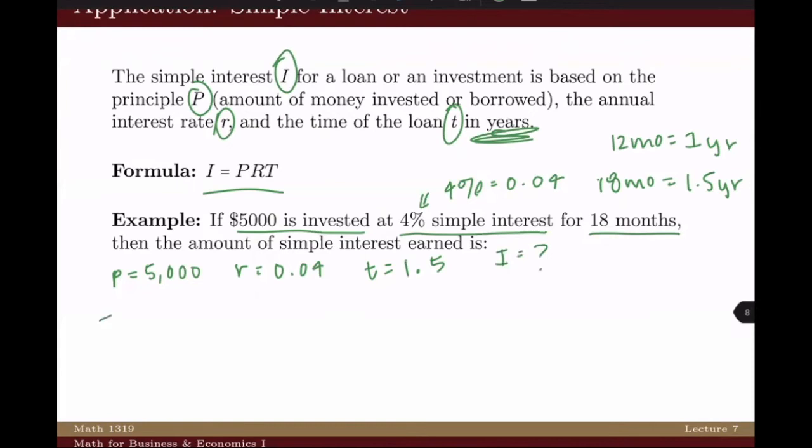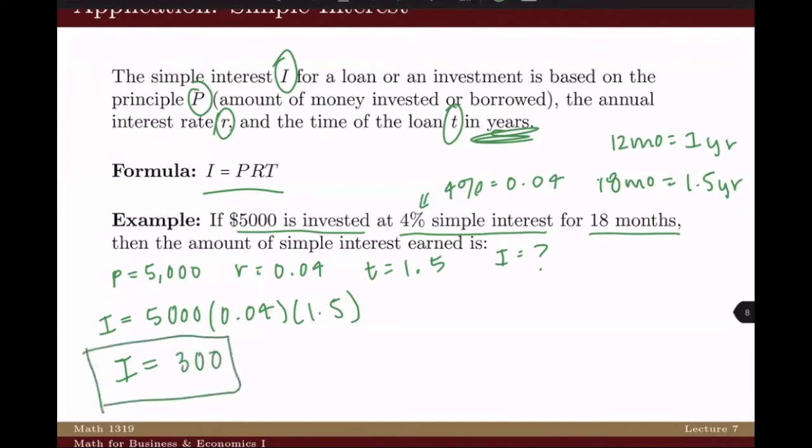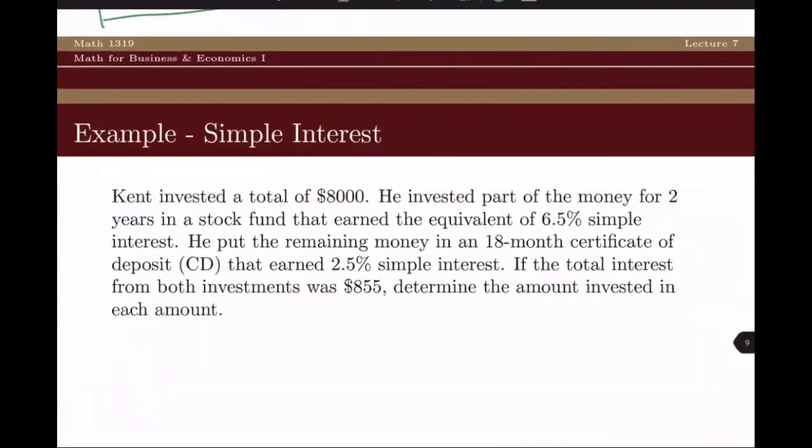So I'll have I equals 5,000 times 0.04 times 1.5. So putting that into a calculator, you get 300. And that's it. Let's move on.